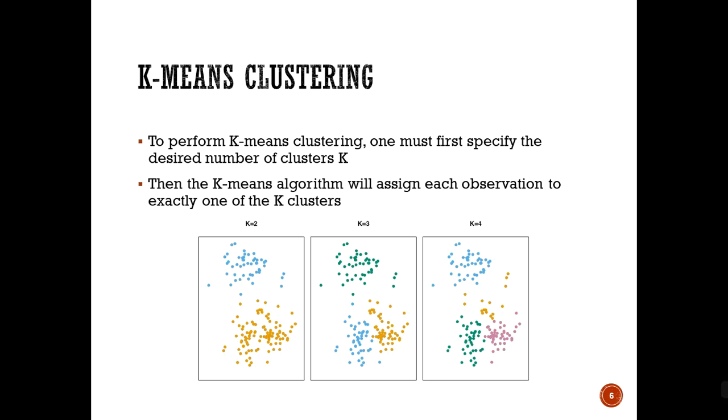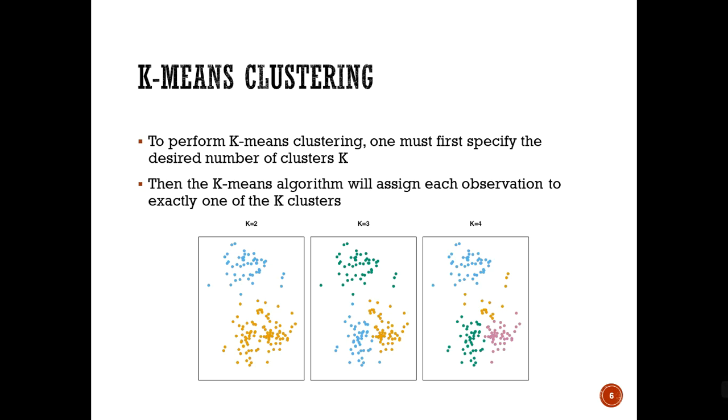Add it up over the p features. So this is the Euclidean or squared distance between observations i and i prime. And we sum it up over all i prime in the cluster. So this is the total pairwise distance between every pair in the cluster Ck. And we are going to minimize the total of this over k, the total variation over all clusters.